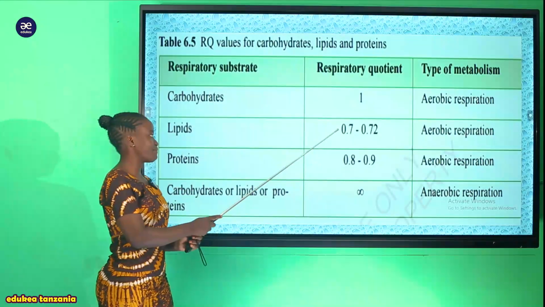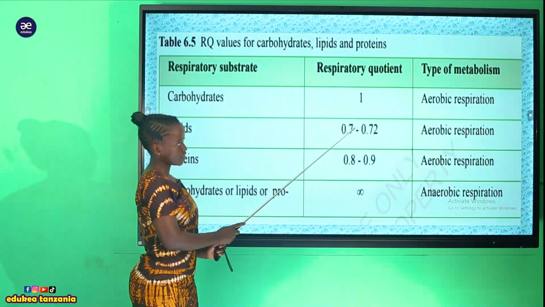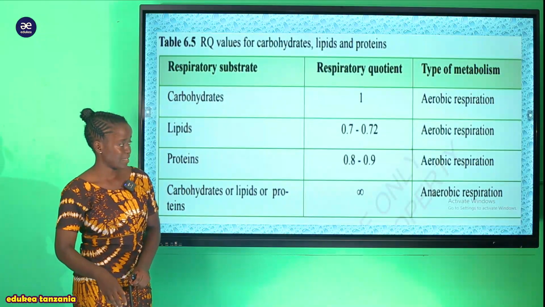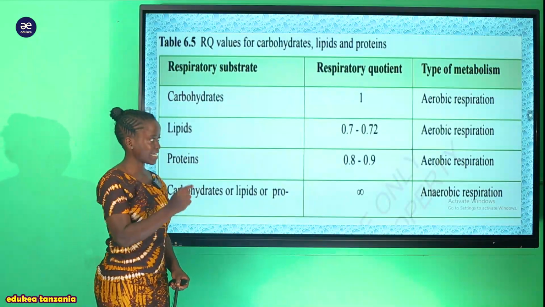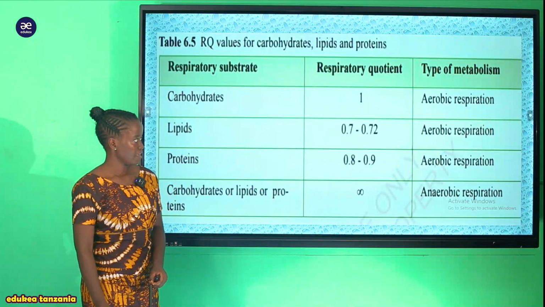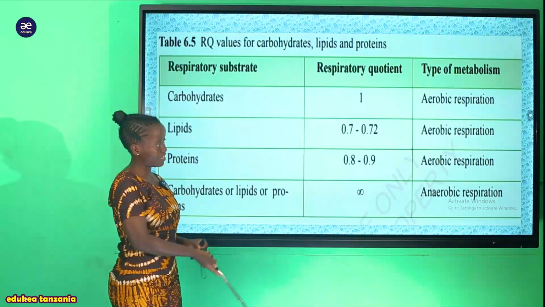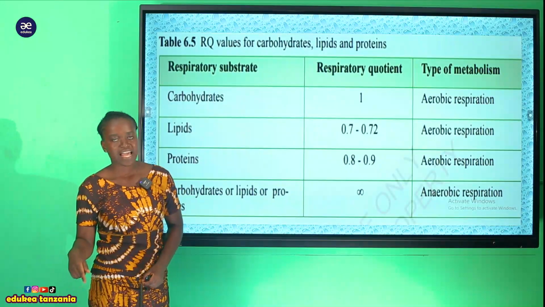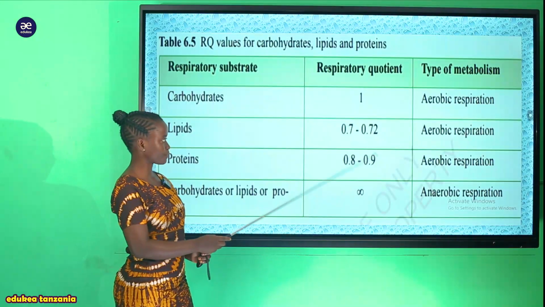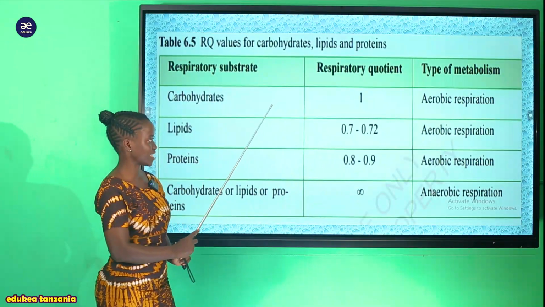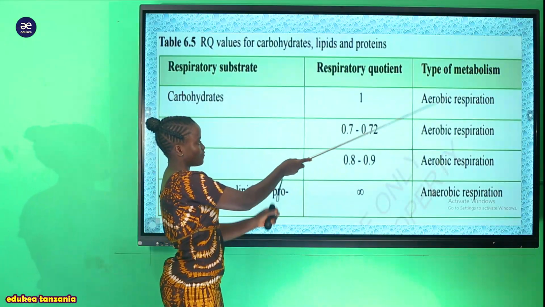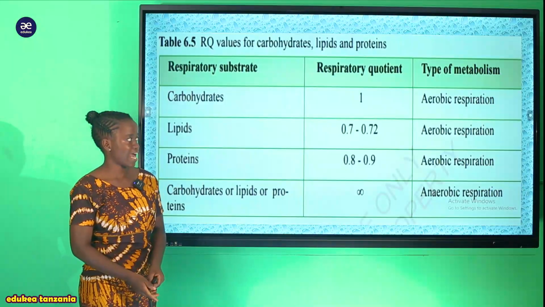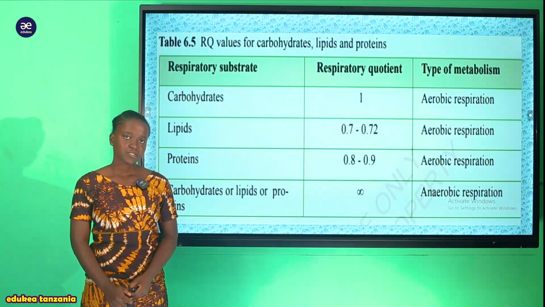So ukipata maybe hapa inayo range hapa katikati maybe 0.71 itakuwa ndani ya lipids, au ukipata maybe 0.65, 0.69, hiyo yote tutaita ni nini? Ni lipid, respiratory quotient ya lipid. And the type of metabolism which is involved there is just aerobic respiration.